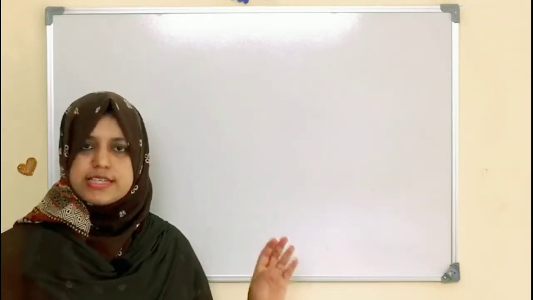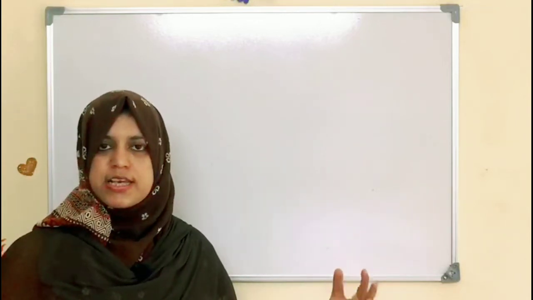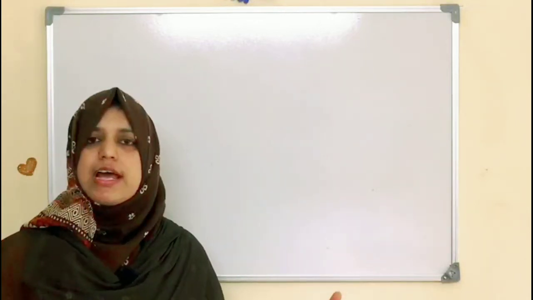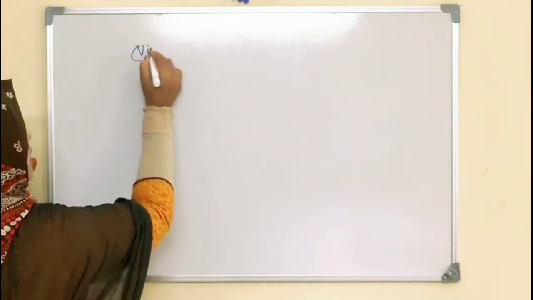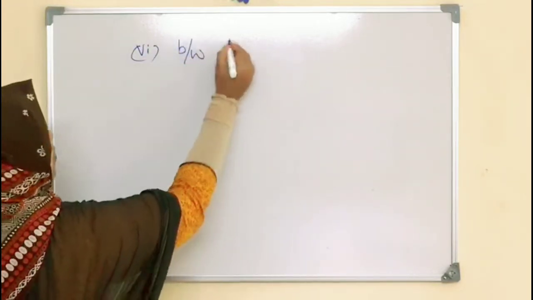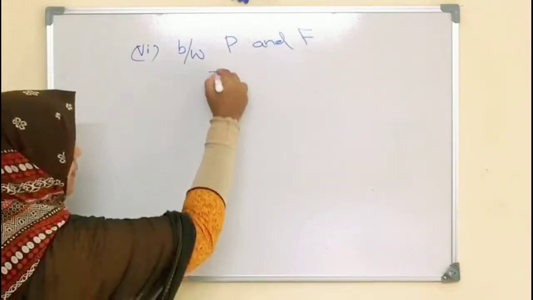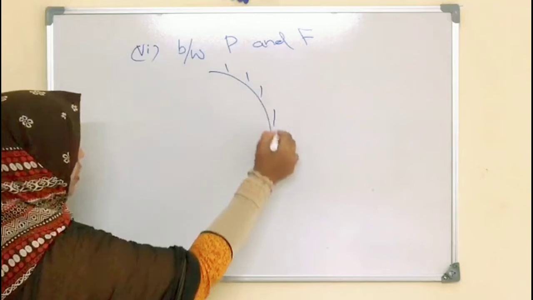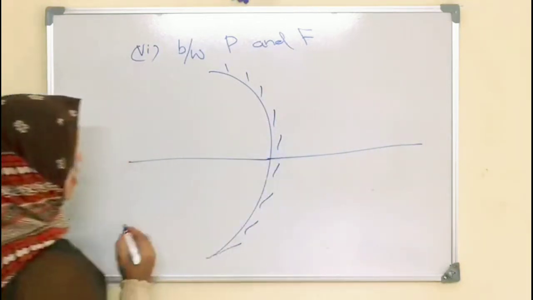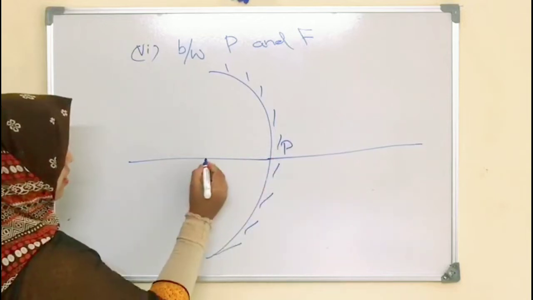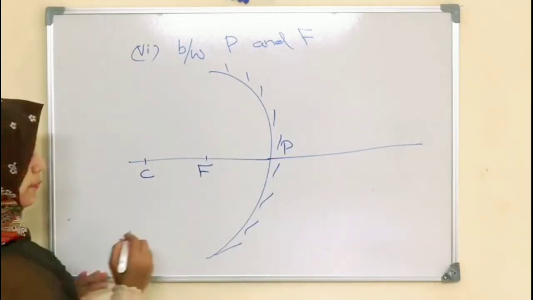The sixth position is when the object is between pole and principal focus. Sixth one, between pole and principal focus. Concave mirror, then principal axis, pole, focus, center of curvature.